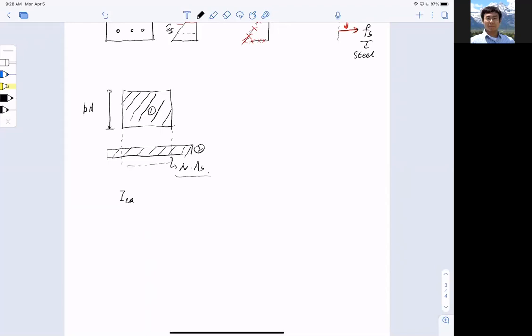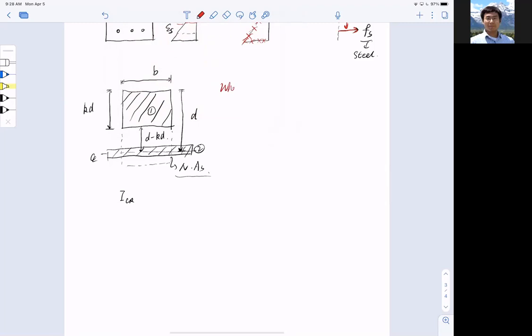I have a width of b for the section, and I know the depth between the center of the steel and the top line is d. So this is all I know. I also know this is d minus kd. So that's all I know. All right, so the game is, what is k?